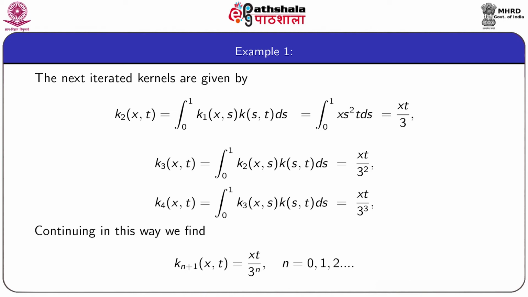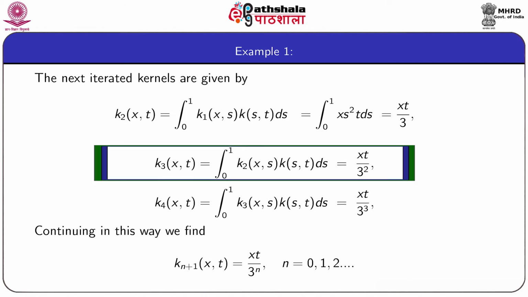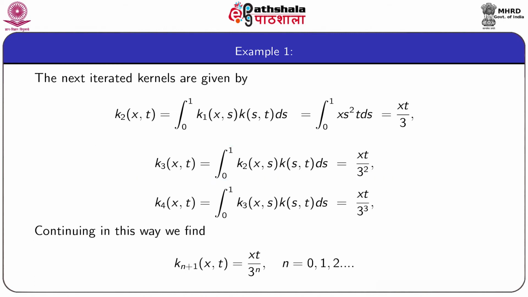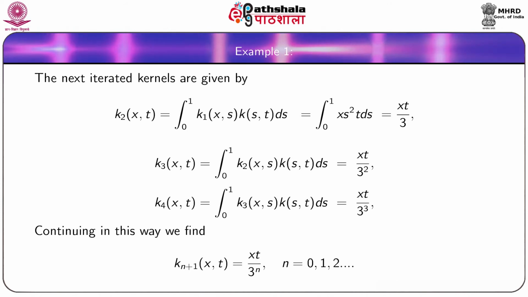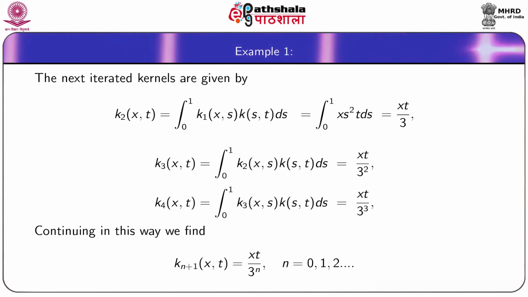Similarly, k3 xt, the next iterated kernel, is the integral 0 to 1 k2 xs into kst ds. Here also we substitute the values of k2 and k and obtain after simplification k3 xt as x into t by 3 squared.